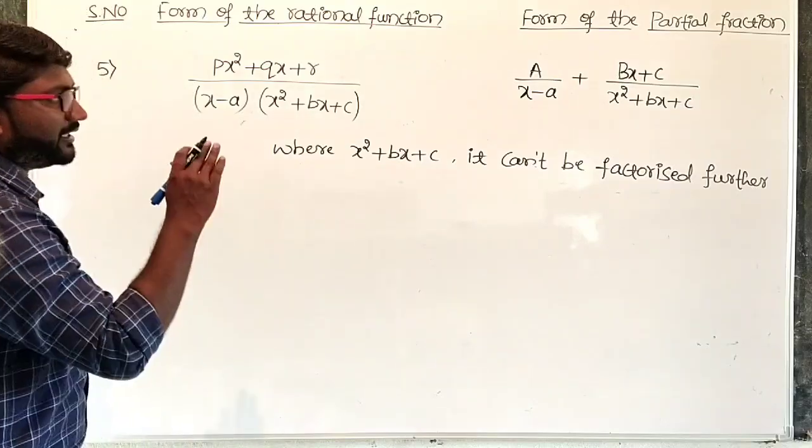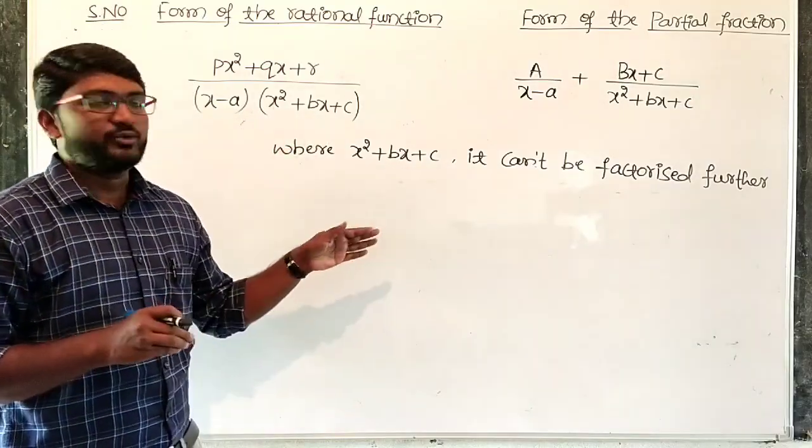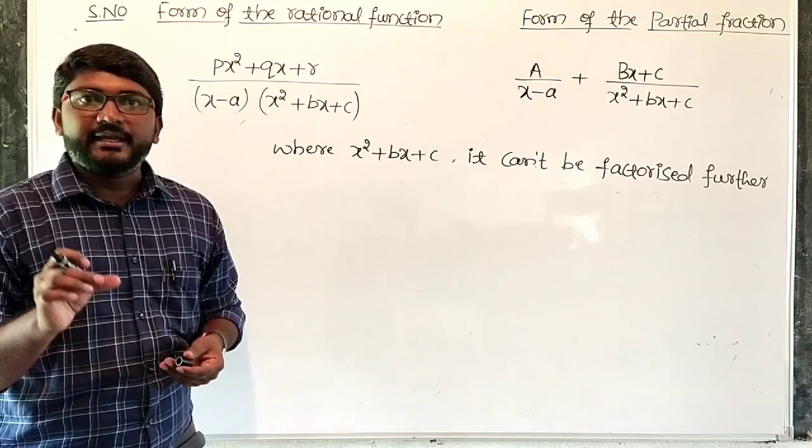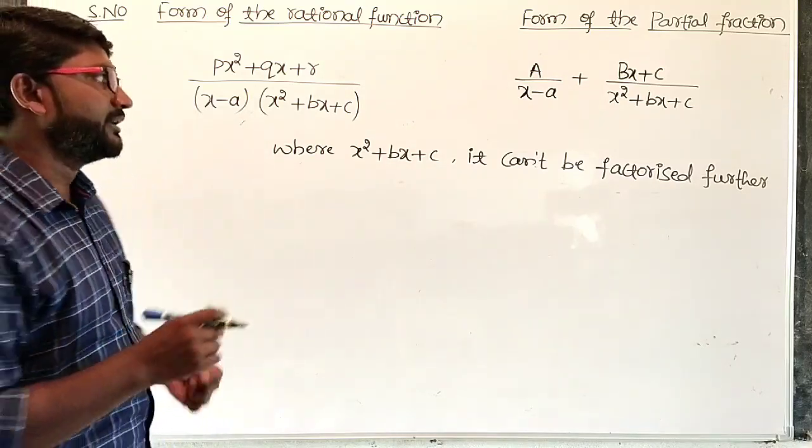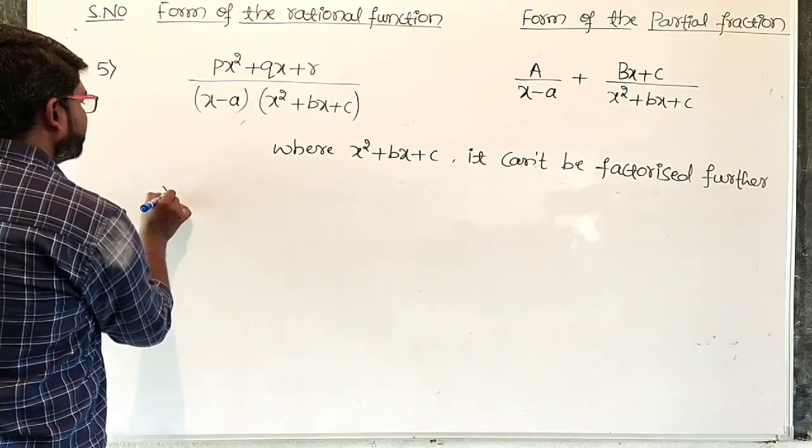So here, what are A, B and C? In the above table, capital A, capital B and capital C are real numbers to be determined suitably.